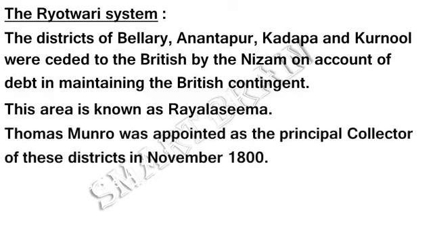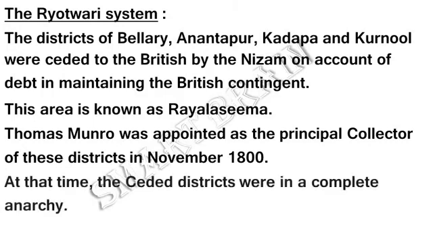Thomas Munro was appointed as the principal collector of these districts in November 1800. At the time, the ceded districts were in complete anarchy.